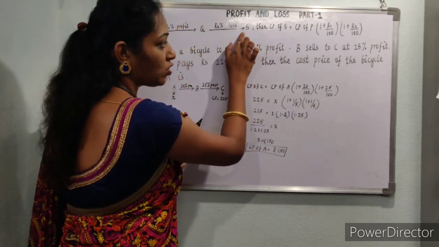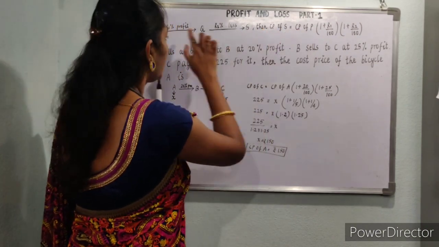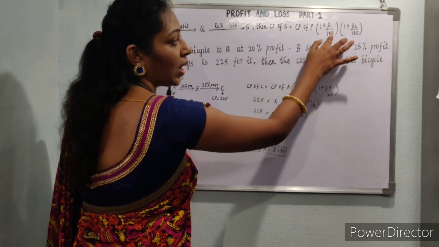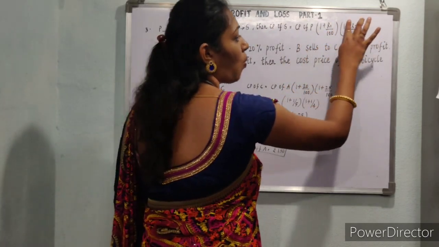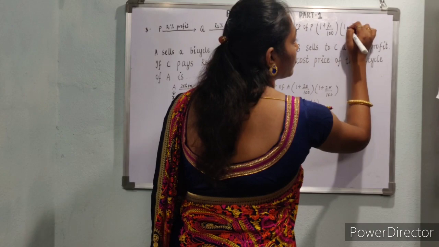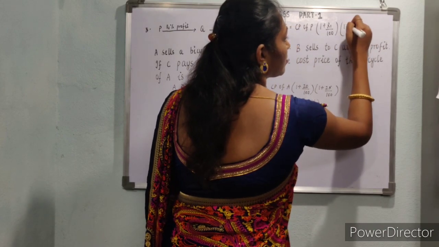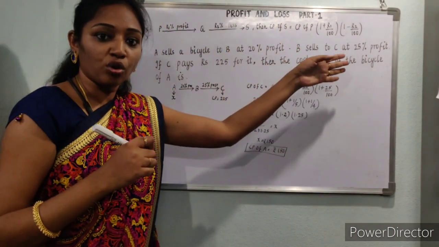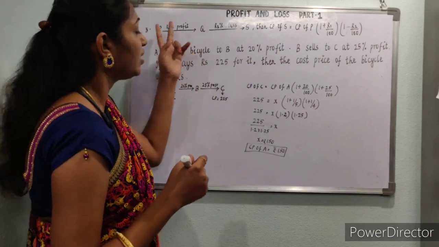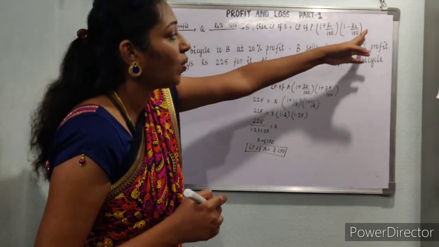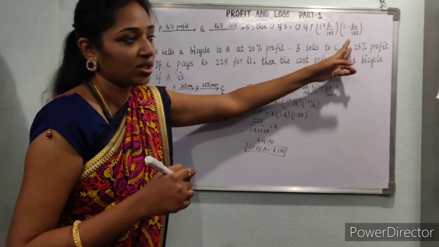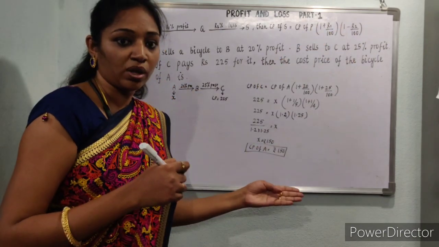Then the cost price of S is equal to the cost price of P into 1 plus R1 by 100 into 1 minus R2 by 100. I have already told you this: when you have a profit, the plus sign should come; when you have a loss, the minus sign should come. So this way you can proceed.